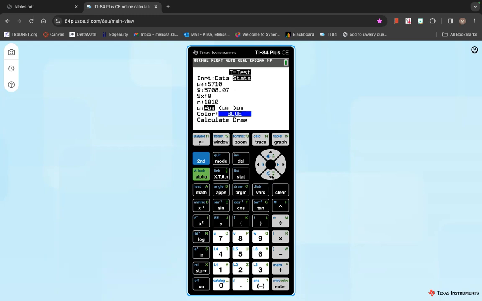And then our standard deviation that we got from our sample was 992.05. Our sample size is 45. I just had to make sure.